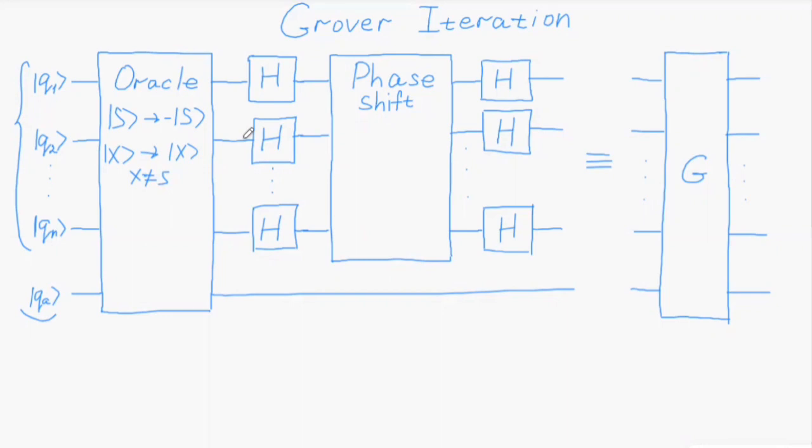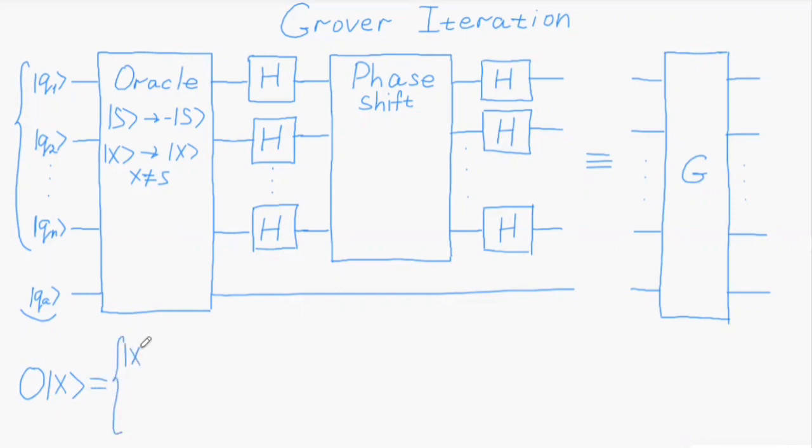The ancillary qubit does not directly interact with the search register, and for a lot of practical purposes, it is convenient to talk about the oracle acting only on the search register. So let's write the following. We will denote the oracle as O, and O acting on the search register states X in general can be written in the following form.